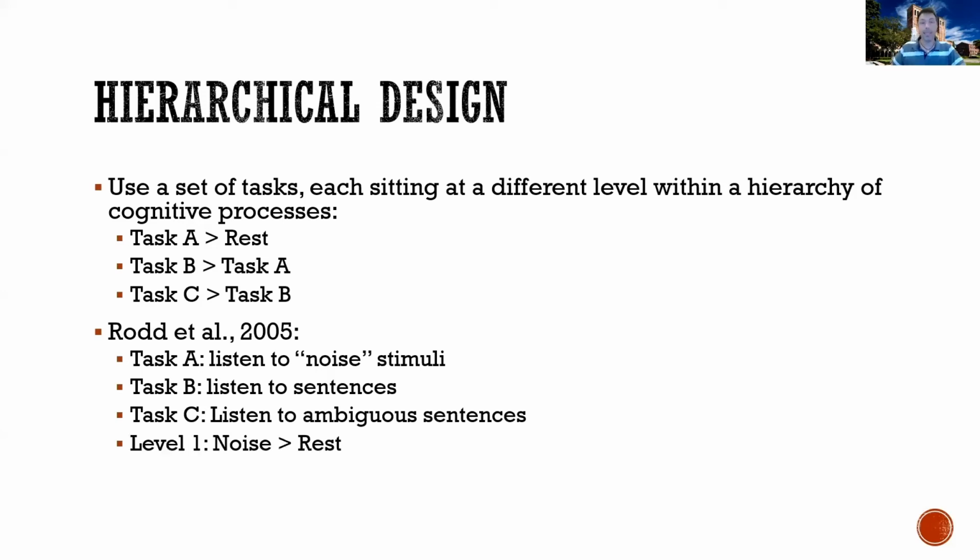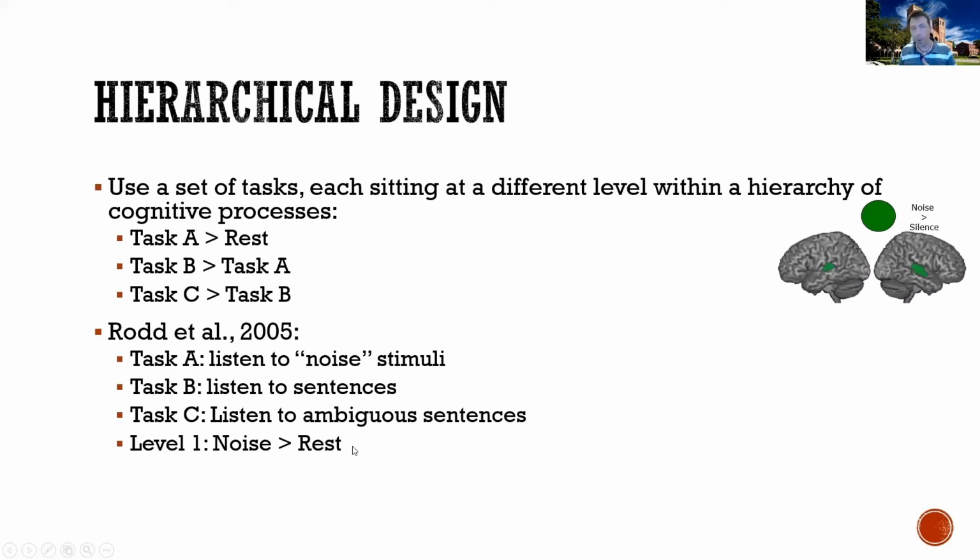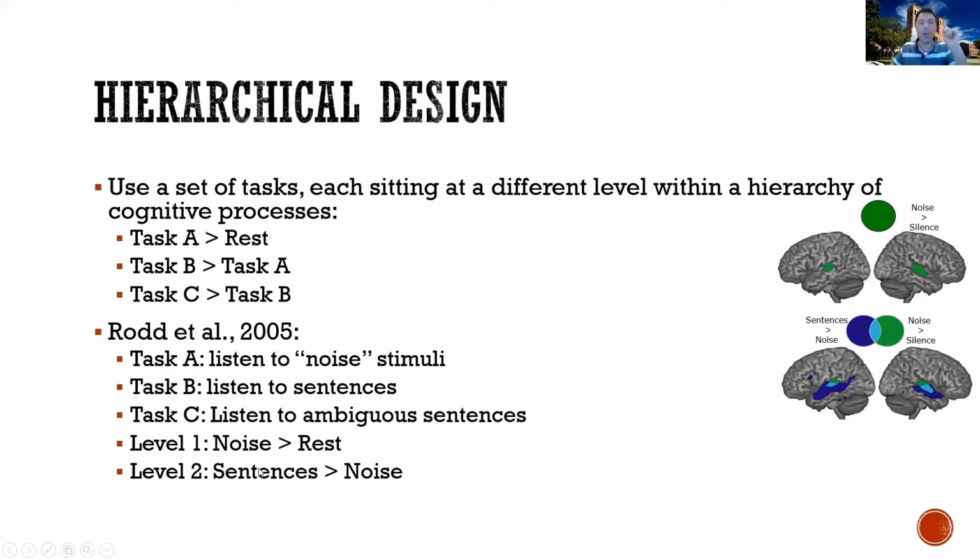So what they did is they first compared noise versus just silence. And this shows you what parts of the brain are important for just processing sound. And it turns out to be these green areas, which you will have noticed are in the superior temporal gyrus. Then you take one step above and you say, okay, so on top of just listening to sounds, what is it about listening to sentences compared to sounds?